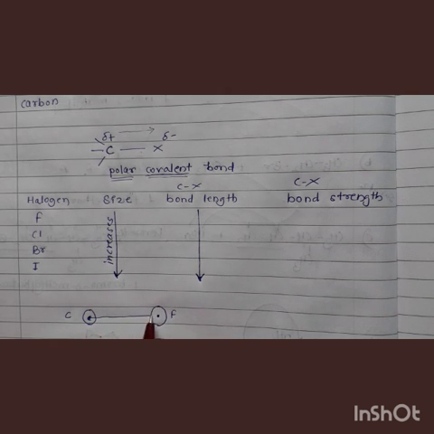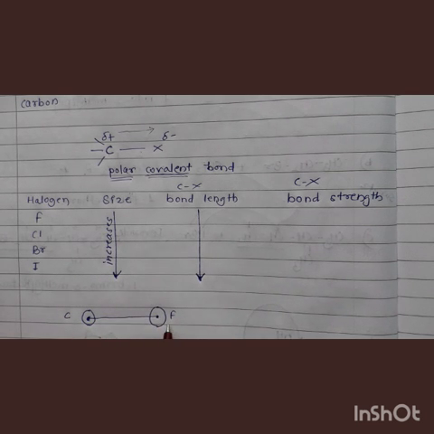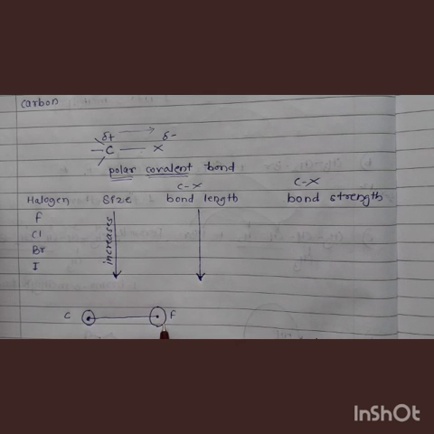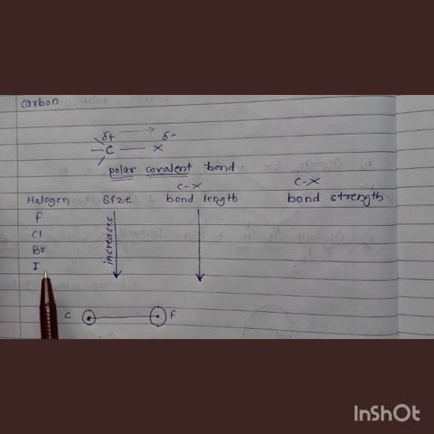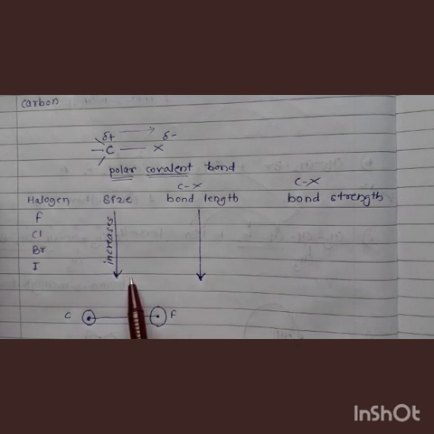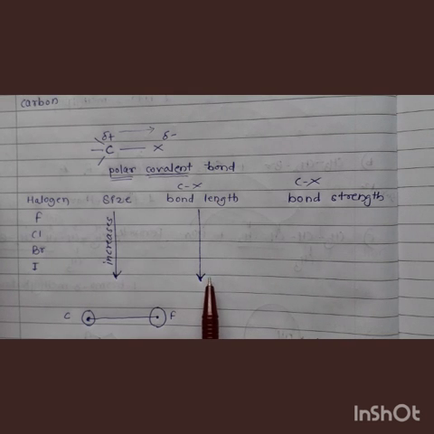This is called the bond length between carbon and fluorine atom. Now as the size of the atom increases from fluorine to iodine, this distance, that means bond length, will also increase. So as the size of halogen increases, bond length also increases.